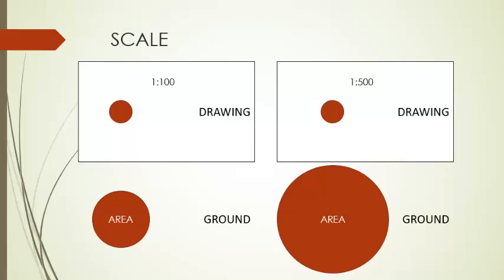Of course, 1 to 500, because 1 mm on plan represents 500 mm on the ground, while 1 to 100 means that 1 millimeter represents 100 millimeters on the ground. So which one is bigger? Of course, 1 to 500.